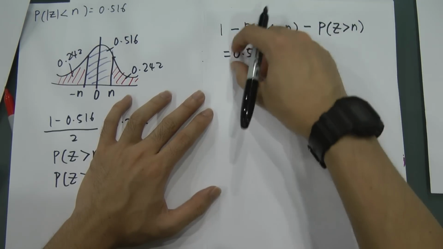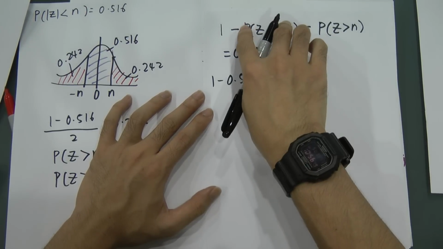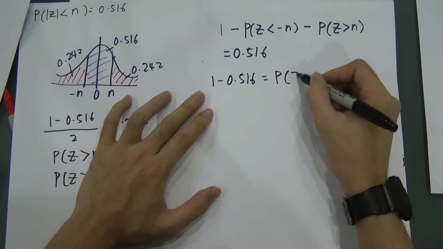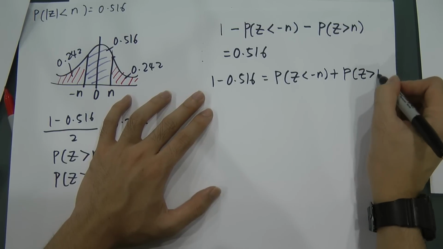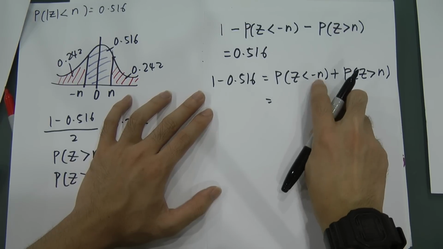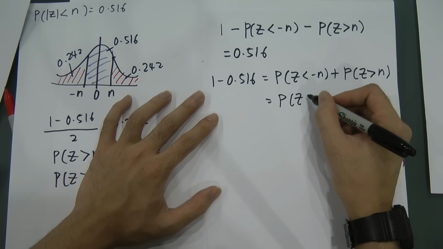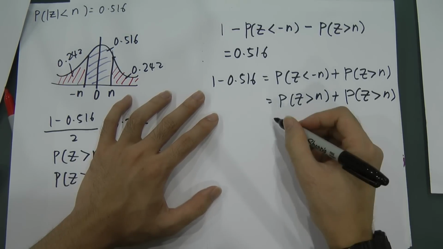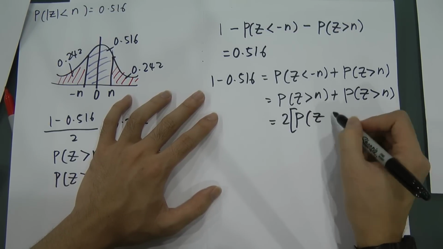So now, this is one equation. I move this one to this side, so I get 1 minus 0.516 equal to, I move this one to here, so negative becomes positive, so I get probability z smaller than negative n plus probability for z bigger than n. And I mentioned when you get negative and you do not want negative, you can change to bigger and then the negative will be missing. So you get z bigger than n plus probability for z bigger than n. These two are the same, so I get double of probability z bigger than n.